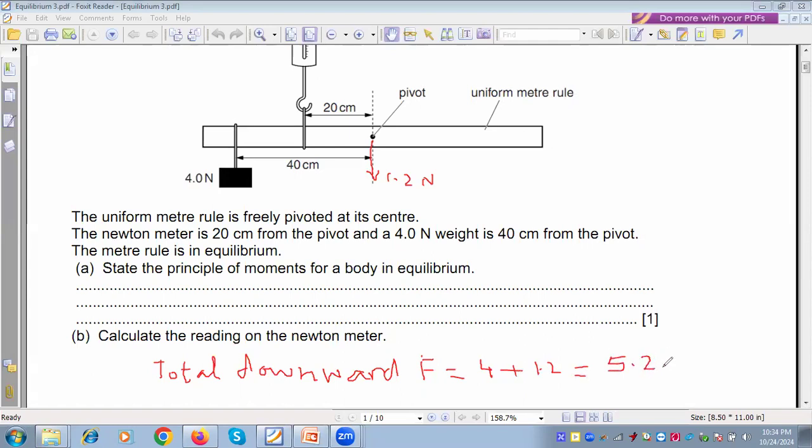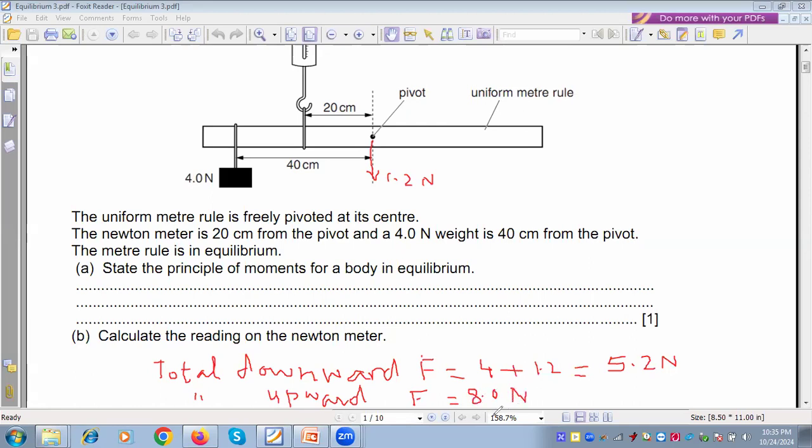So this is the total downward force acting on the ruler. But the upward force is 8. Total upward force is 8. So it means the first condition is not going to be satisfied, because the total upward force is not equal to the downward force. So the point of pivot will be applying some force and that will equalize the forces.